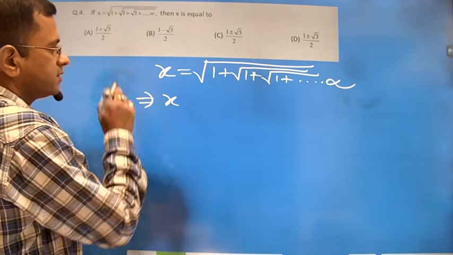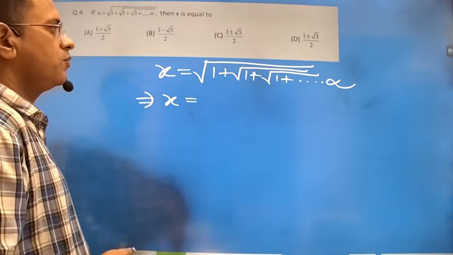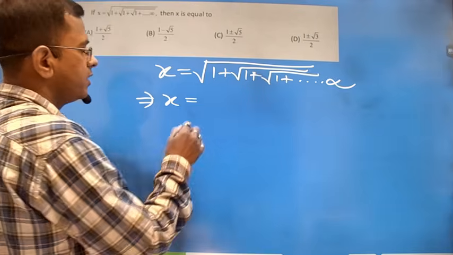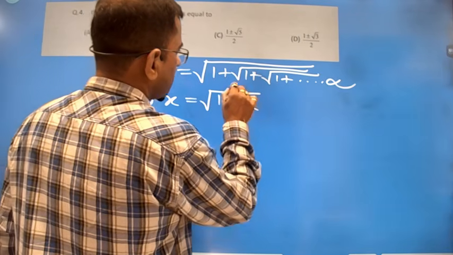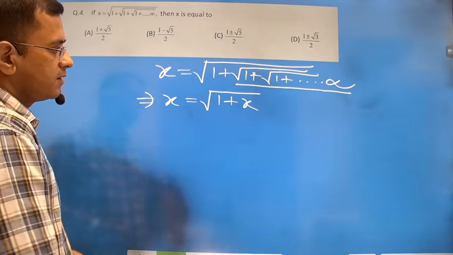So x equal to root over 1 plus root over 1 plus root over 1 plus, and it goes on. You can write it like this: root over 1 plus x, because the whole expression is equal to x, as given.